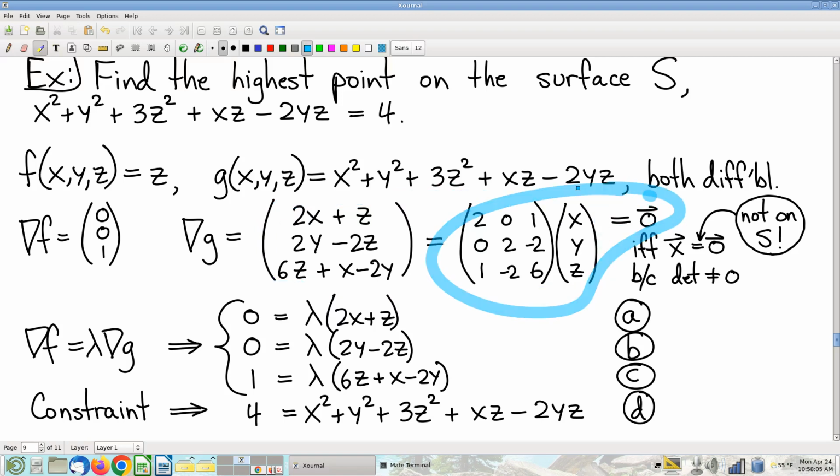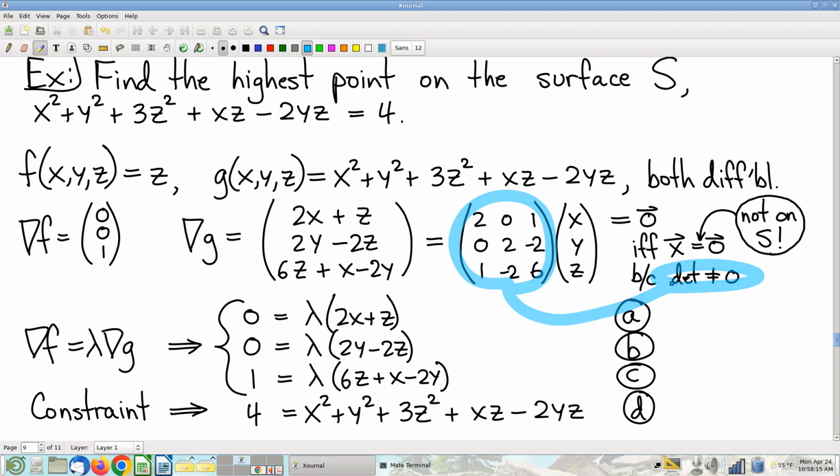This is a little Math 218 linear algebra problem. Everybody with me? And conveniently, this matrix here is non-singular, and because it's non-singular, the only solution is the trivial solution. Does that ring some linear algebra bells?